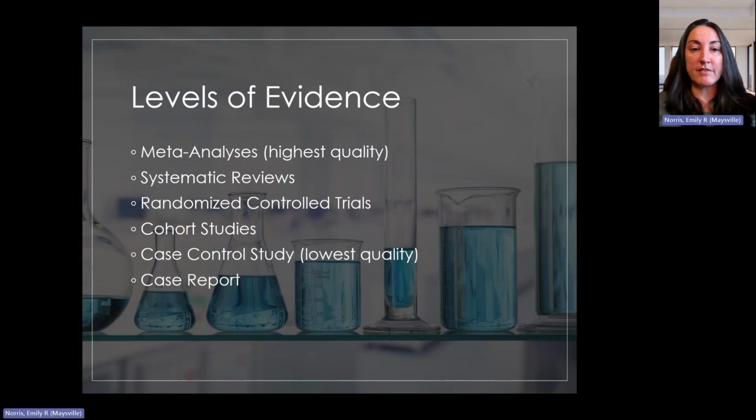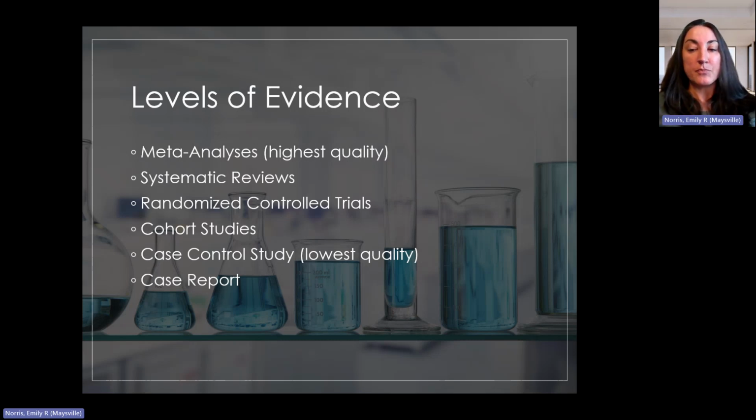The different levels of evidence, from highest to lowest, is how we have them listed here. Your meta-analyses are the highest quality that we want to look at and take into consideration, then systematic reviews, then randomized control trials, cohort studies, case studies, and then case reports.